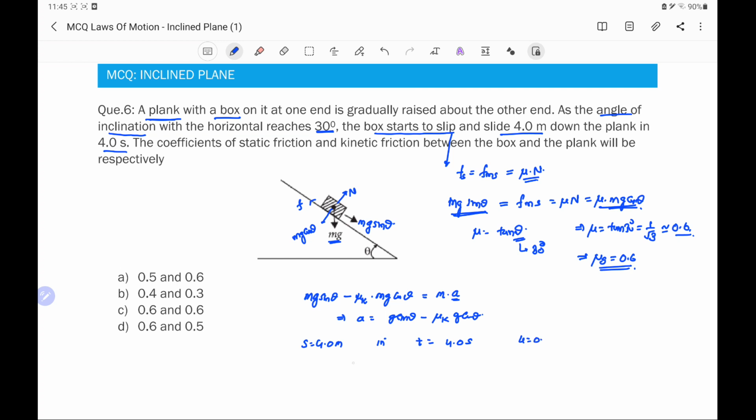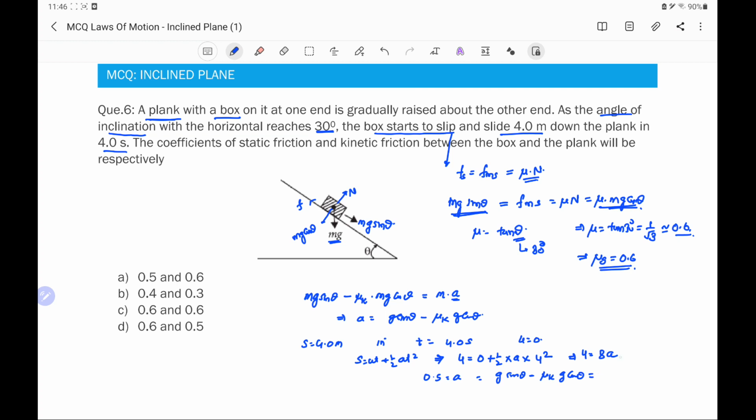So using the second equation of motion, that is s equal to ut plus half a t square, this implies that 4 is equal to 0 plus half into a into t square, that is 4 square, and this will give 4 equal to 8a. That means a is equal to 0.5, and a is equal to g sin theta minus mu k g cos theta.